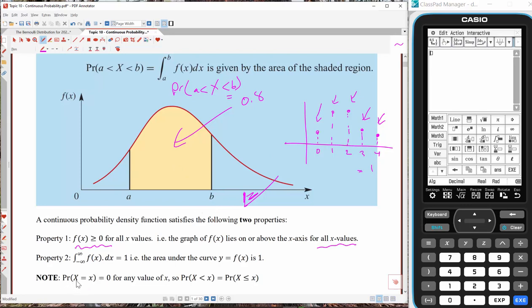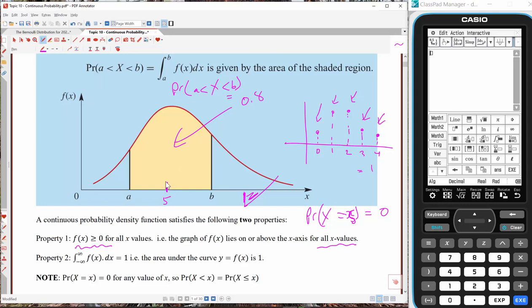Now note that the probability that the random variable equals a specific value, so just say I try to work out the probability that x equals 5 in this case, that equals 0.